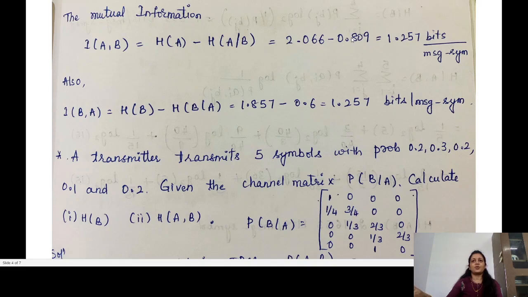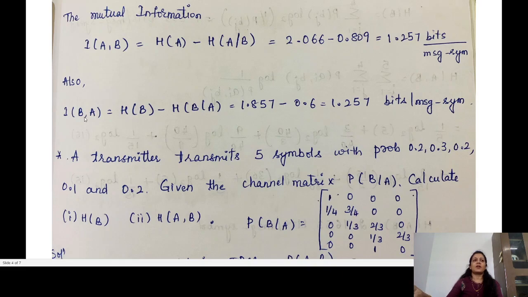When we substitute those values, we get the mutual information. So now you can see that your priori information is 2.066 and the uncertainty has been reduced, giving a mutual information of 1.257 bits per message symbol.